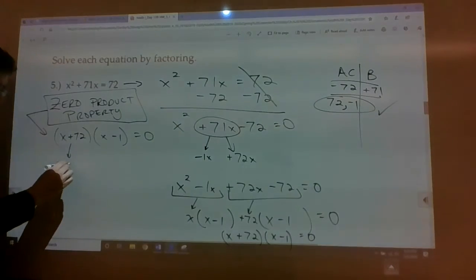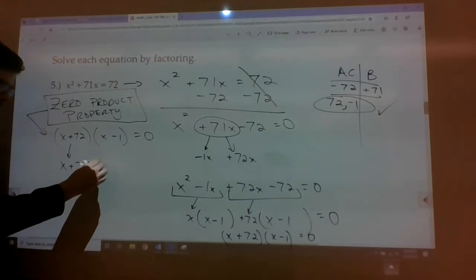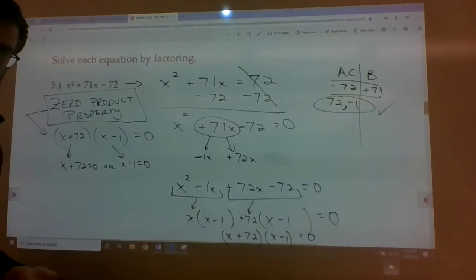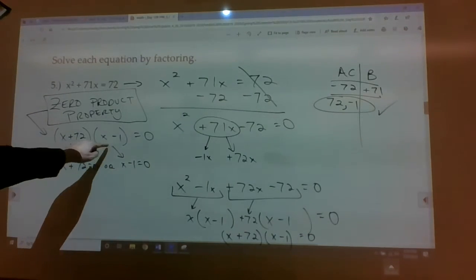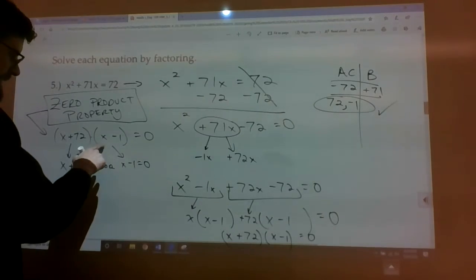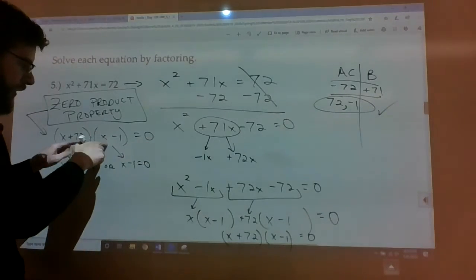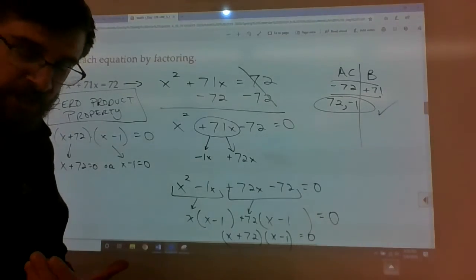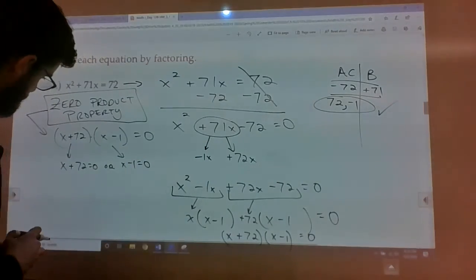Either x plus 72 equals 0, or x minus 1 equals 0. That's your basic zero product property. You can't multiply, get 0, and not have one of these two be 0. 0 is not obtained through multiplication unless you multiply by 0.